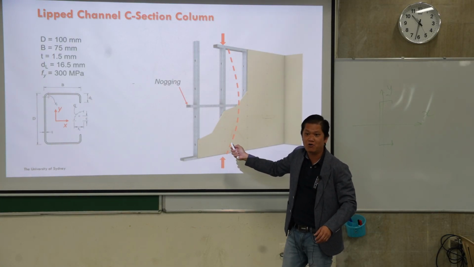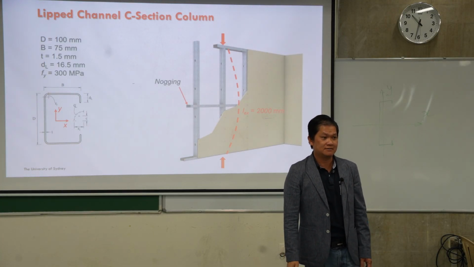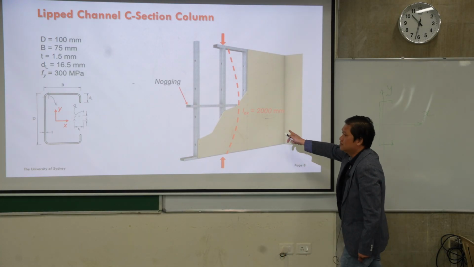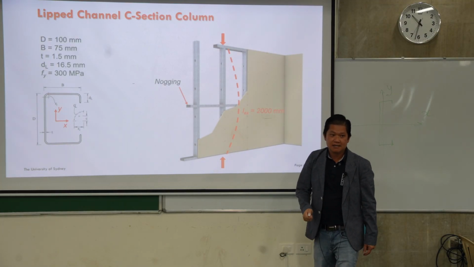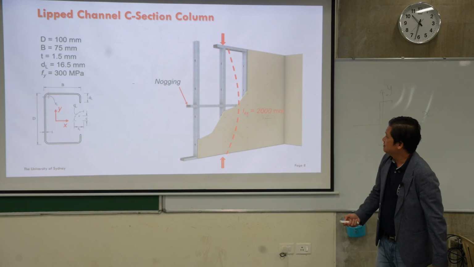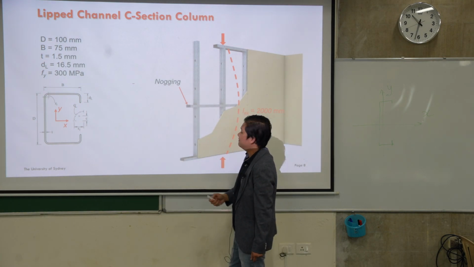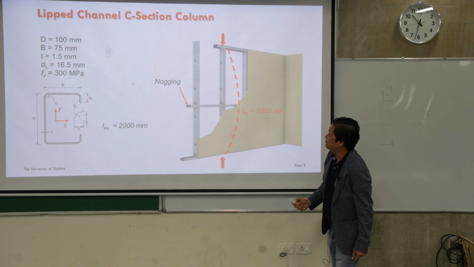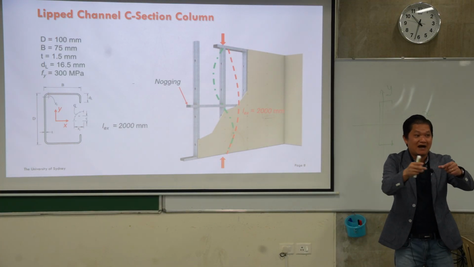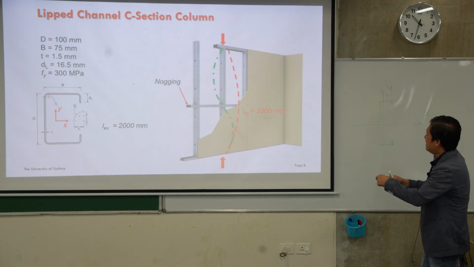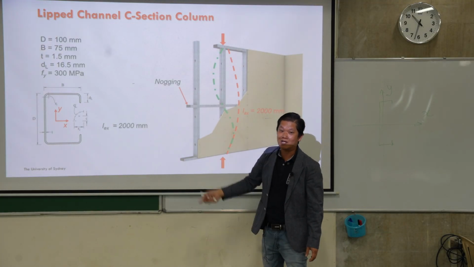So that is LEX, right, and that will be equivalent to 2,000 millimeters. That is the real length. However, when you buckle the other way, what happened? Because of the bracing, it divided our column into two halves.